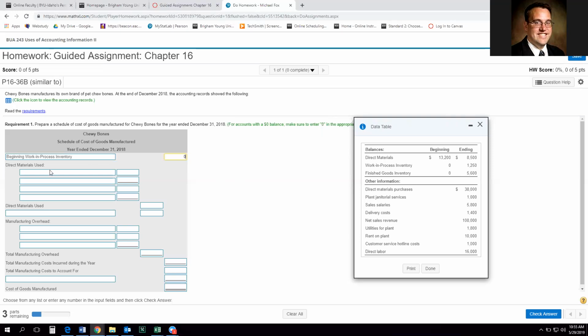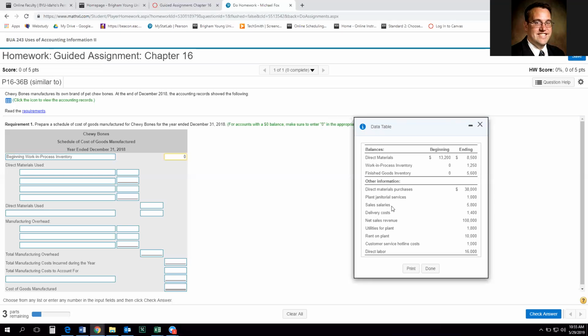Now we're going to go to our direct materials used. And so we can find our direct materials used. If you look, we have a beginning and we have an ending. So our direct materials used, sometimes they just give it to you.